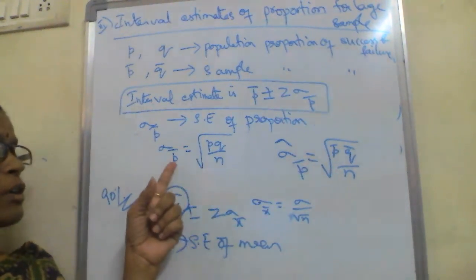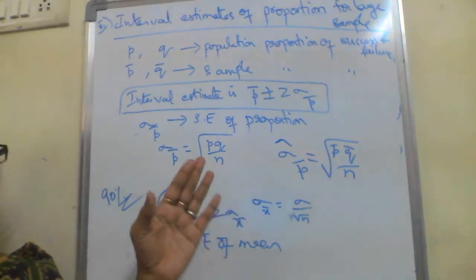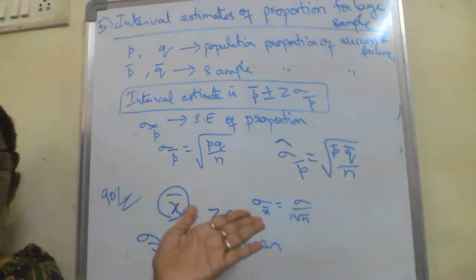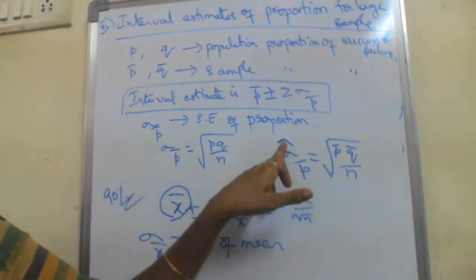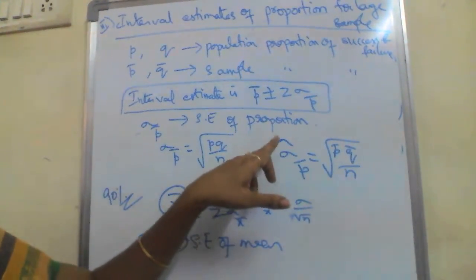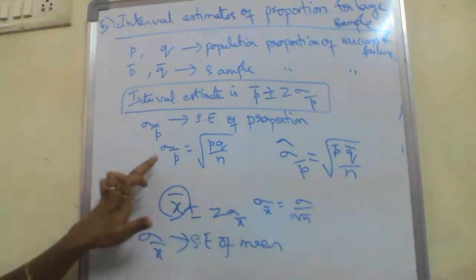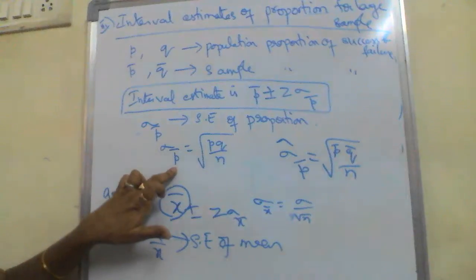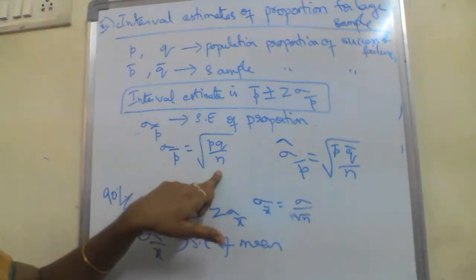I told you in the previous class, when the population standard deviation is unknown, you take the sample standard deviation for the sample, but you represent it with a cap. So this is the estimated standard error, we said. Same way here also, this sigma P bar is the standard error of proportion, that is the square root of PQ by n.